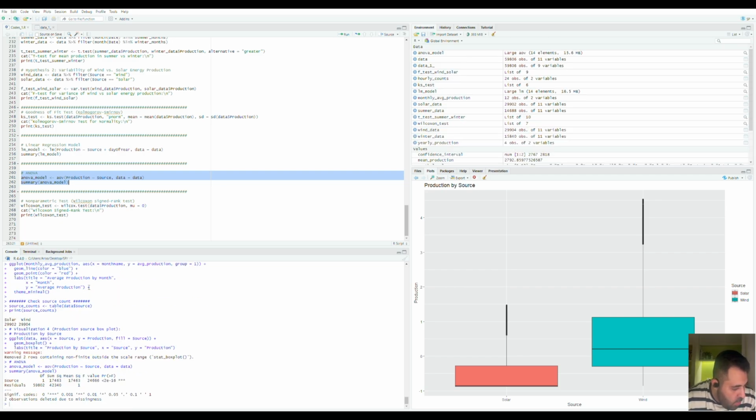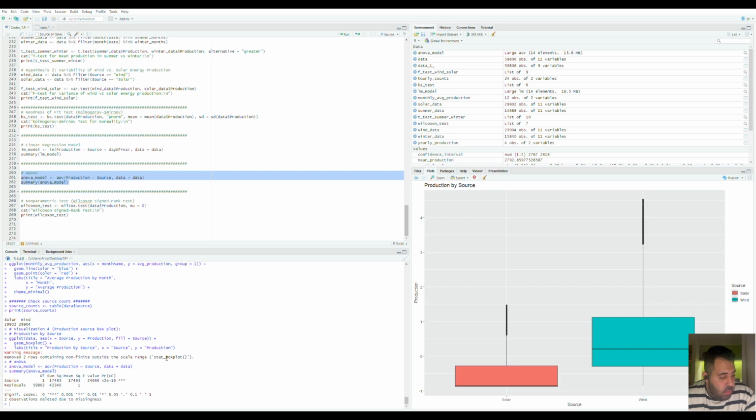Yeah, here. ANOVA, the analysis of variance, is used to determine whether there are statistically significant differences in the mean production between different energy sources.